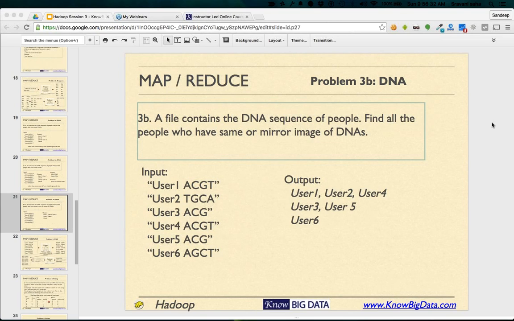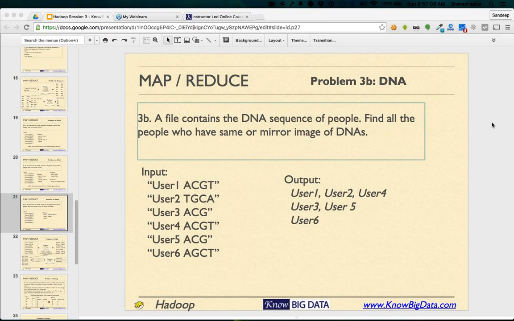If the DNA of user 1 and user 2 is a mirror image of each other, you can see DNA of user 1 is ACGT and DNA of user 2 is TGCA, which is the reverse of ACGT. So this scientist said that all the people who have identical DNA or mirror image of DNA, they all belong to the same family. Let's try to bring such users together.